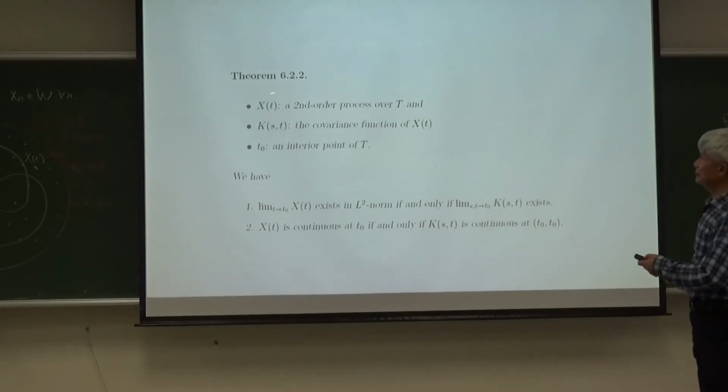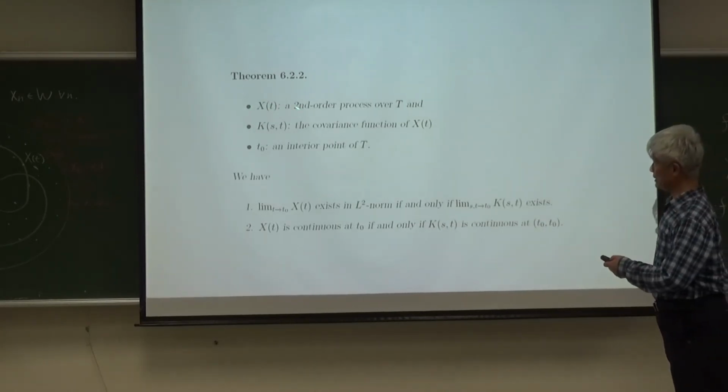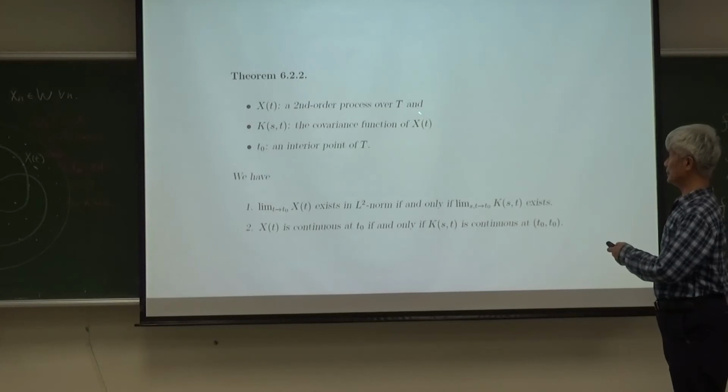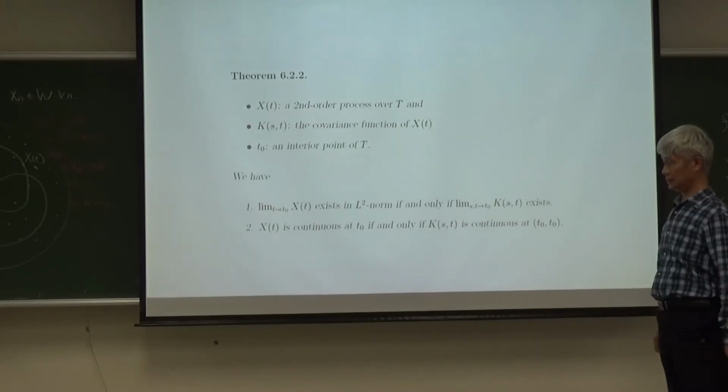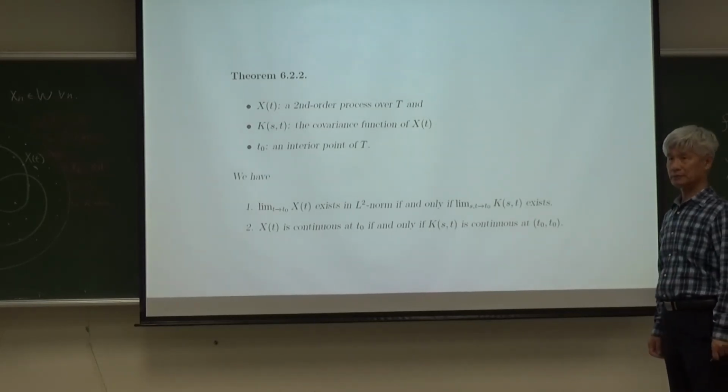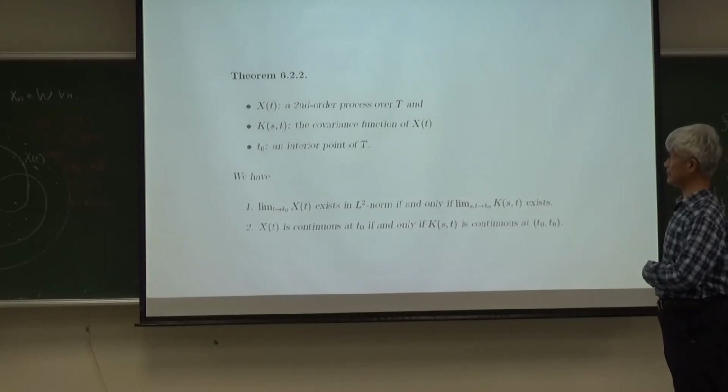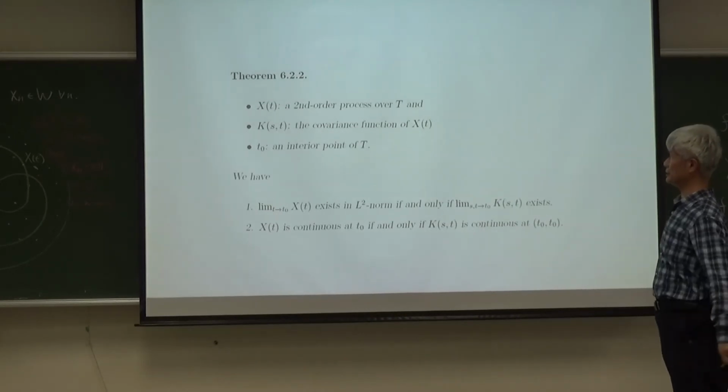Okay? So now, suppose x of t is a second-order process over a subset of time parameters, and k of s,t is the covariance function of this second-order process.